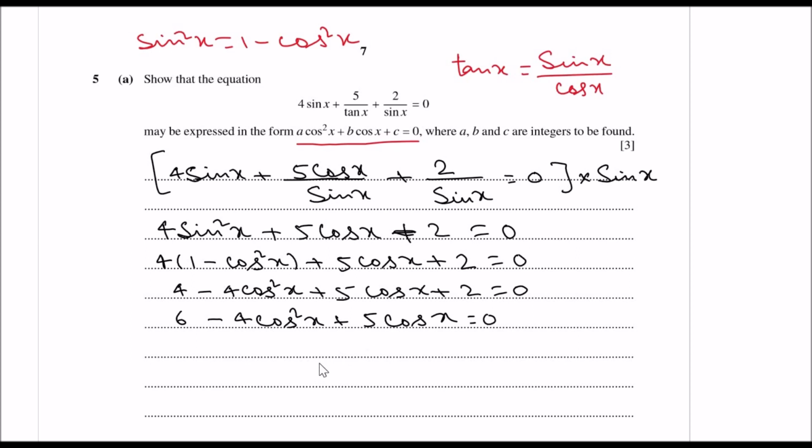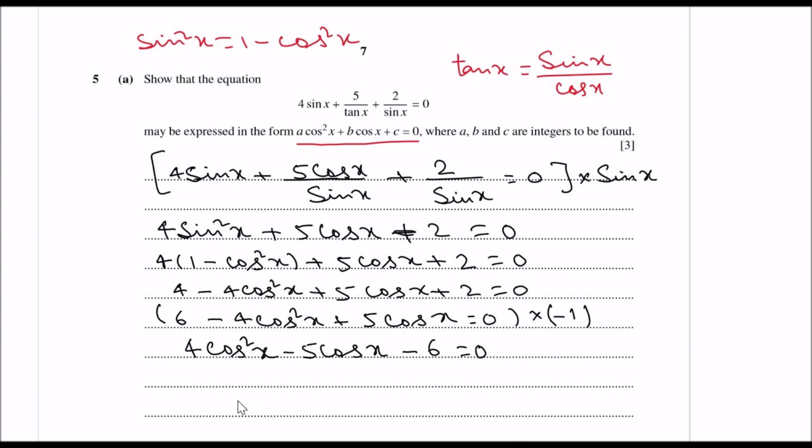So what we'll do, we'll multiply the equation by minus 1 and we'll rearrange. So if we are multiplying by minus 1, this becomes 4 cos square x, 5 into minus 1, that gives us minus 5 cos x, and 6 into minus 1, that gives us minus 6, that is equal to 0.